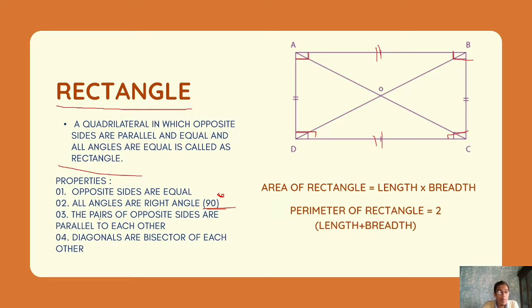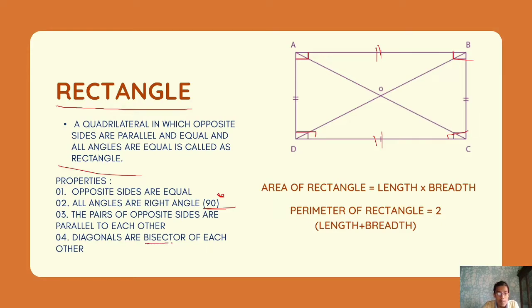Now the third property, the pairs of opposite sides are parallel to each other. So in these pairs of opposite sides, side AB and side DC are parallel, and side AD and side BC are parallel to each other. What is the last property? Diagonals are bisectors of each other. So listen carefully.